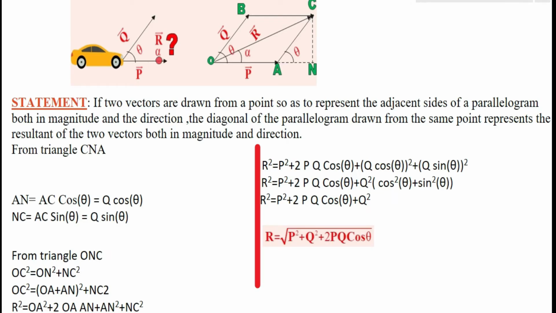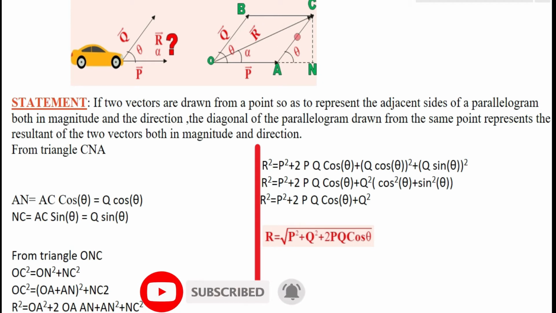Now I'll shift this vector P bar parallelly along this direction, that is along OA. Similarly, I'll shift this vector Q bar parallelly along this direction, that is along OB. Okay. Next, I'll draw a line AC parallel to OB such that the length of AC is equal to OB.